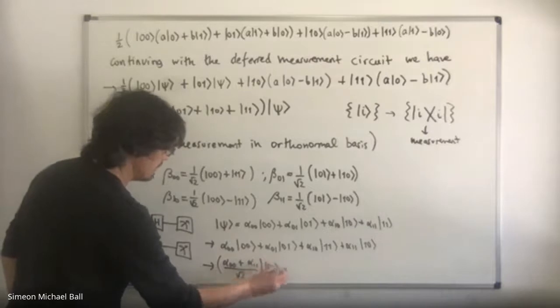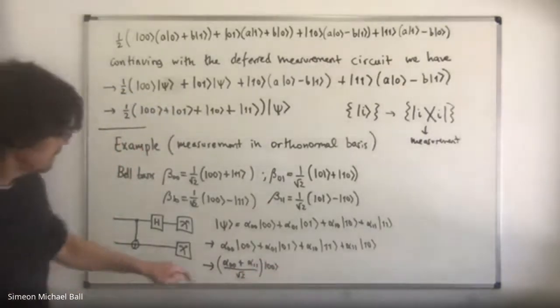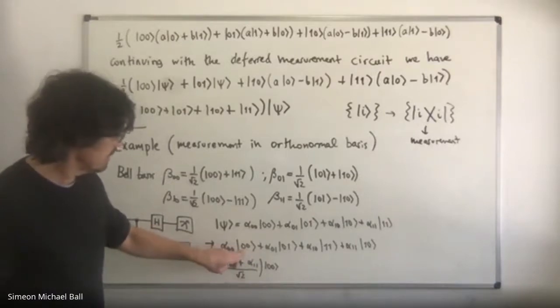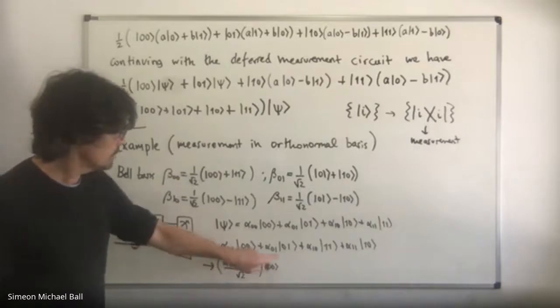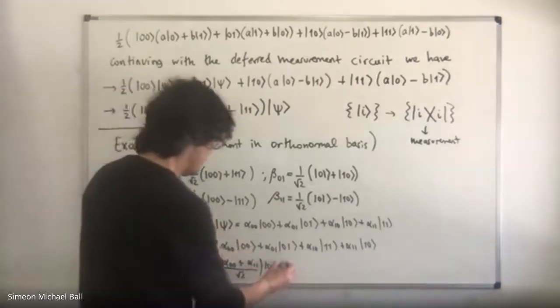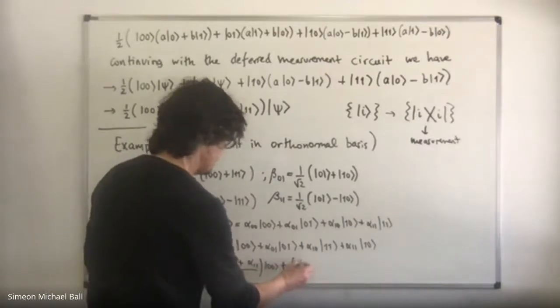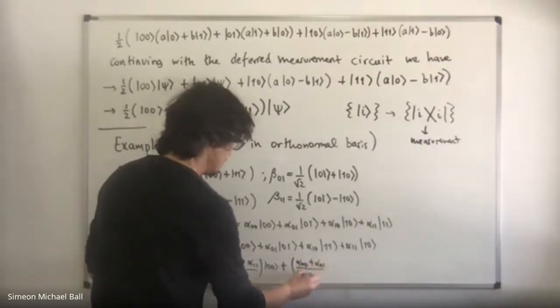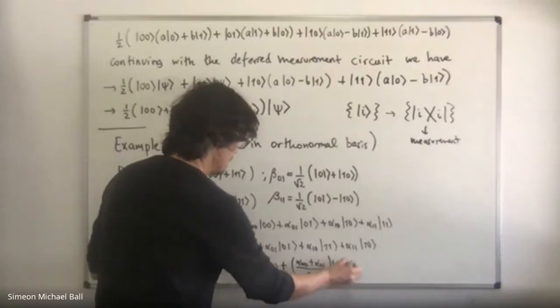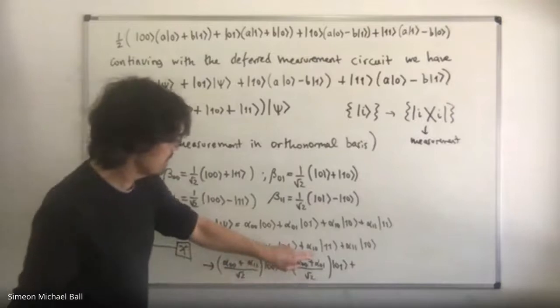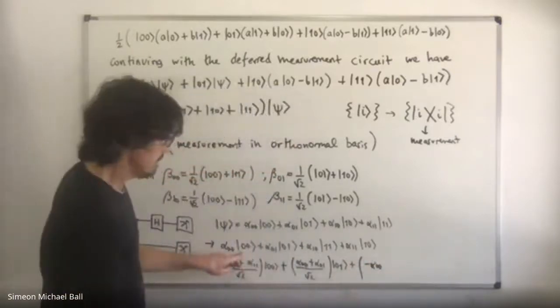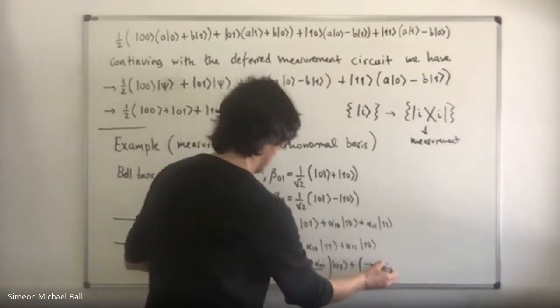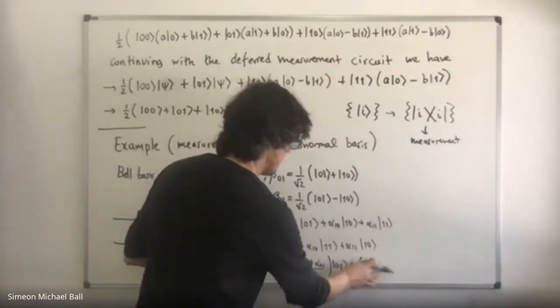0,0. How do I get 0,1? I'm going to get a 0,1 here from the Hadamard here and also from here. So this would be both positive. And the 1,0 terms, we're going to get a minus here. 1,0, and that's going to be a plus, because that's a plus.